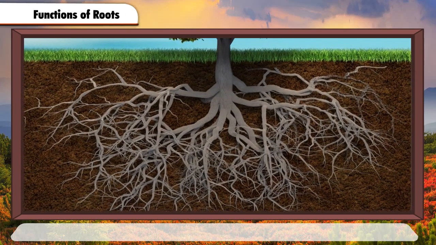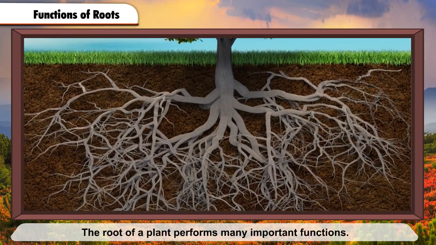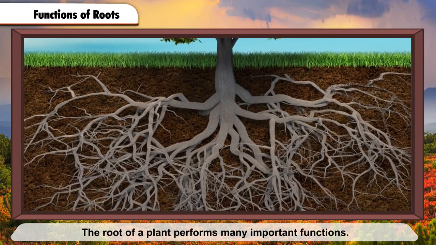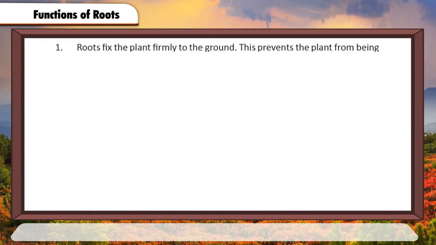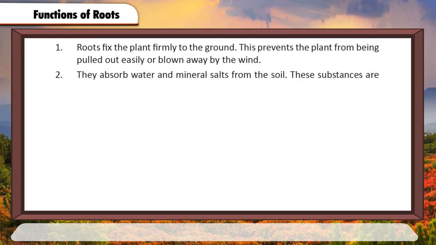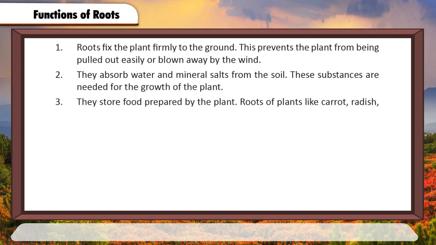Functions of roots. The root of a plant performs many important functions. 1. Roots fix the plant firmly to the ground. This prevents the plant from being pulled out easily or blown away by the wind. 2. They absorb water and mineral salts from the soil. These substances are needed for the growth of the plant. 3.